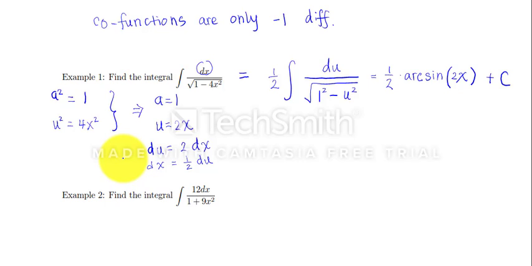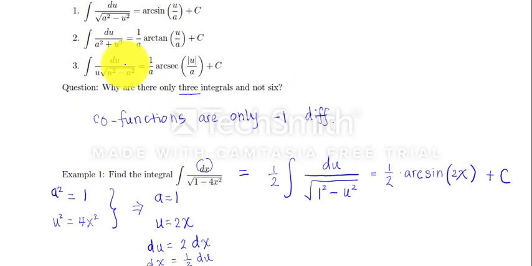Now let's take a look at example number 2. We need to find the integral 12 dx divided by 1 plus 9x squared. Again, we have to compare that with the formulas that we have. We notice it looks like number 2. So we have to again identify a squared and u squared.